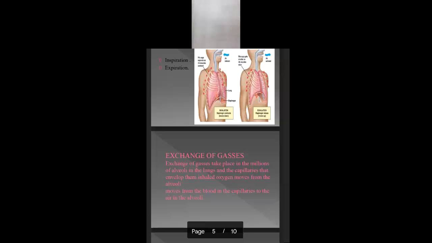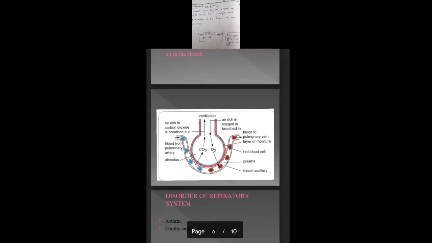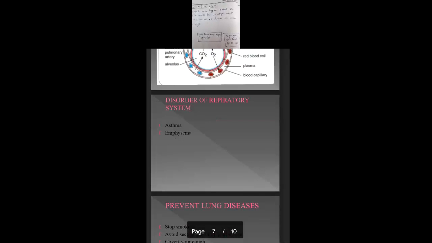Location. The heart lies, situated in the thoracic cavity in the mediastinum, in the space between the two lungs, slightly tilted to the left. Structure. The heart wall has three layers: epicardium, myocardium, and endocardium.